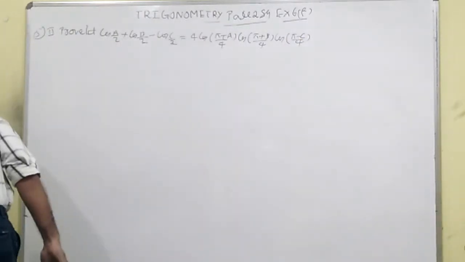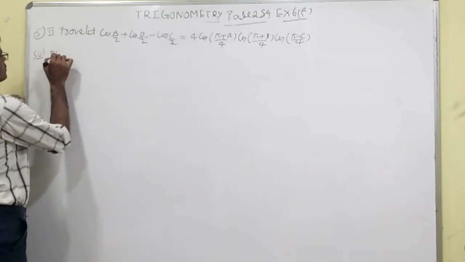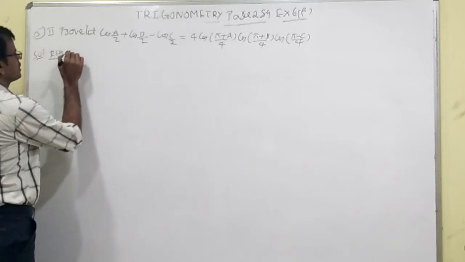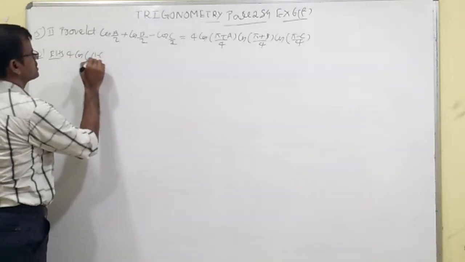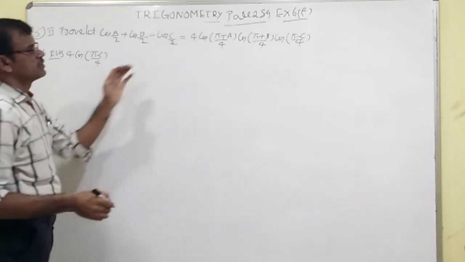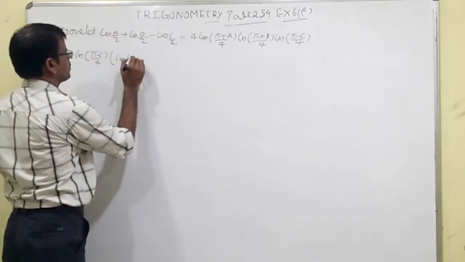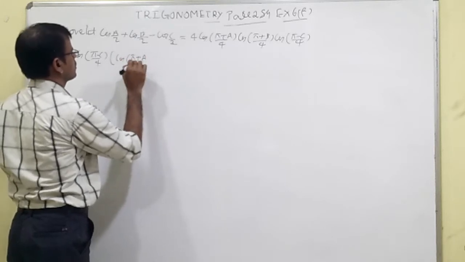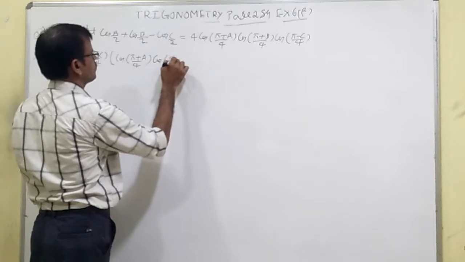In the similar way of the first sum, you take RHS here. So RHS is 4 cos of (pi minus c) by 4 into cos of (pi plus a) by 4 into cos of (pi plus b) by 4.